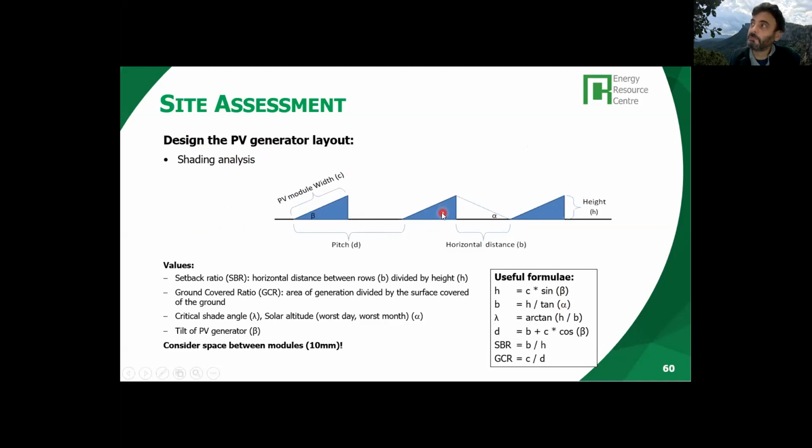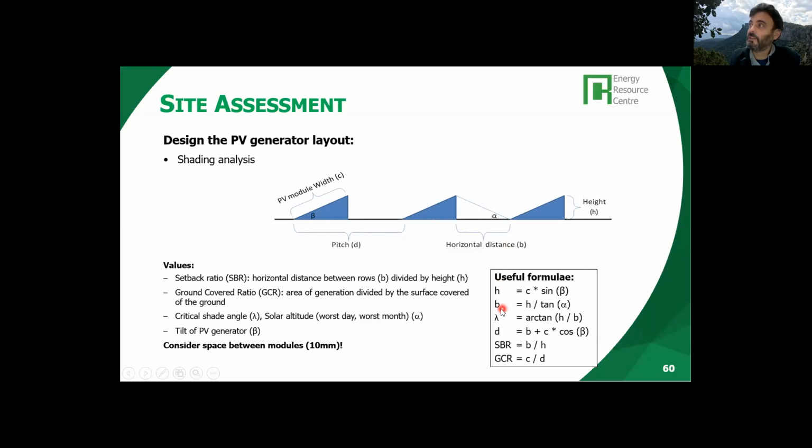If we bring this panel closer to the previous one, if we make this distance short, the panel in front of this one will be casting a lot of shade. So we need to space it to a minimum. I'm asking you, what would be the minimum distance?